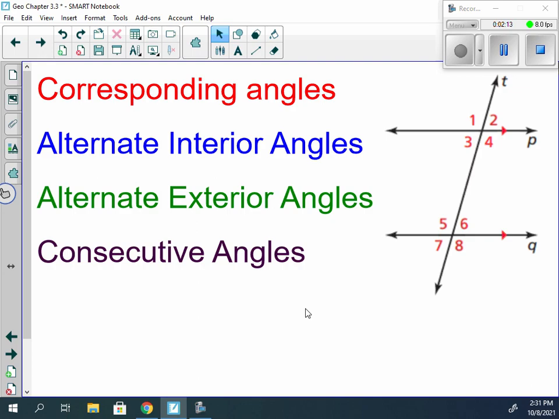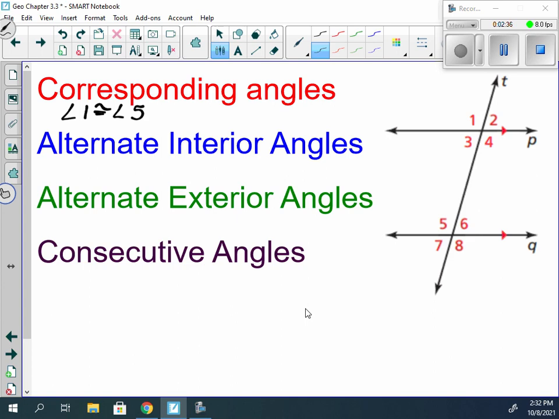Now, what we talked about yesterday with corresponding, alternate interior, alternate exterior, or consecutive angles was that they were congruent. So our corresponding angles for this here would be angle 1 is going to be congruent to angle 5, because 1 and 5 correspond to each other, so they would be corresponding angles.